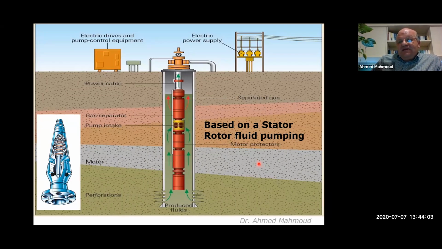Okay, so what's the nutshell of the ESP? It's based on a stator and rotor rotation, which applies fluid pumping and moves the fluid all the way to surface. From the wellbore, there's a motor which applies a rotation. It's a downhole motor, and it gets its electricity from a regulated electricity system via a cable.